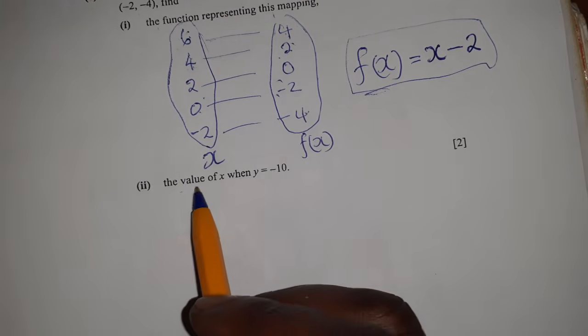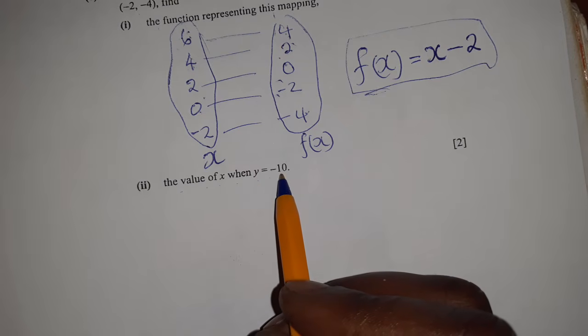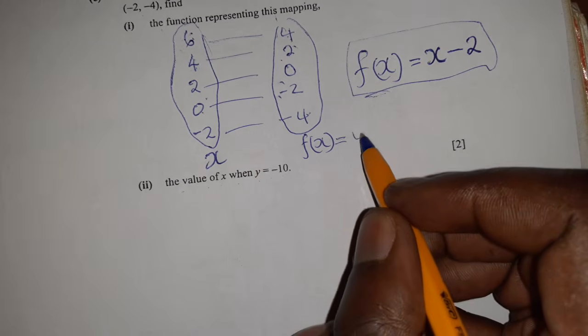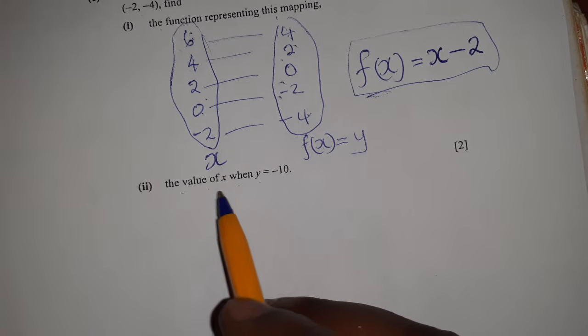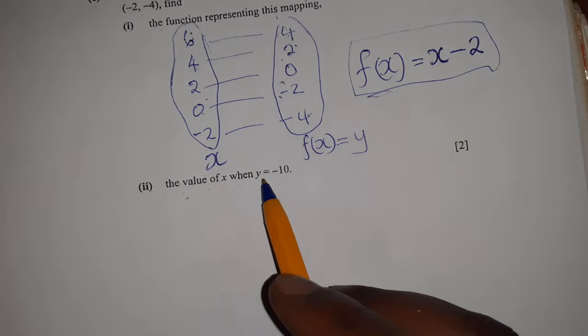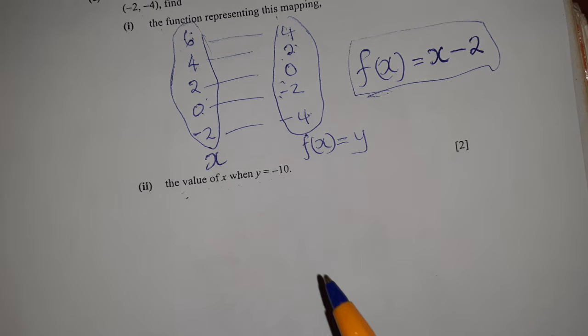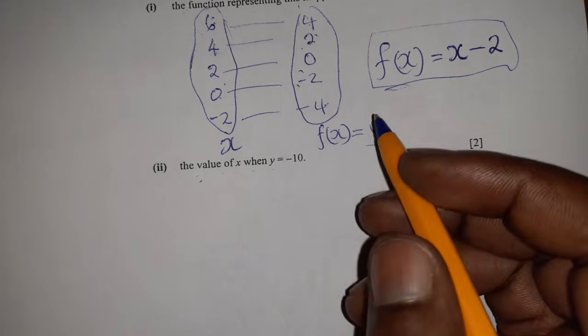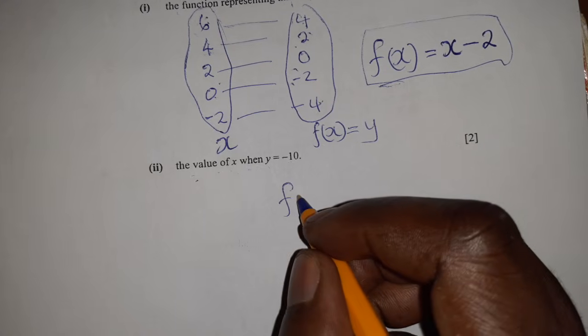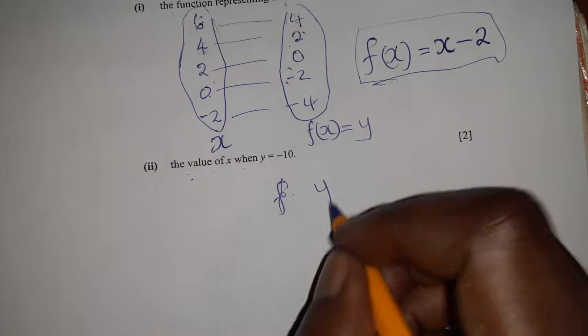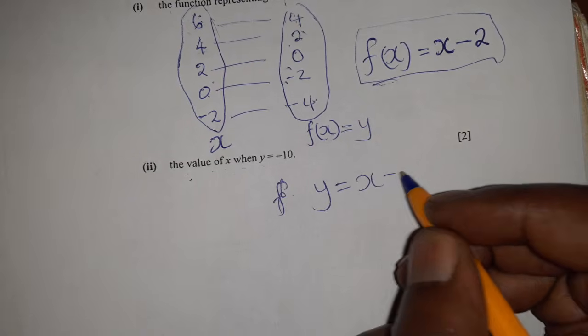Then find the value of x if y is equal to, just like I told you that f of x could also be y. Find the value of x when y is equal to -10. So we say y is equal to x minus 2.